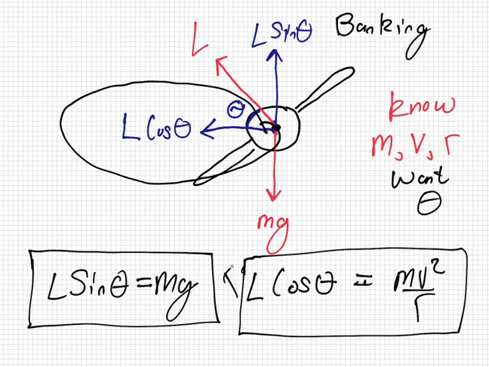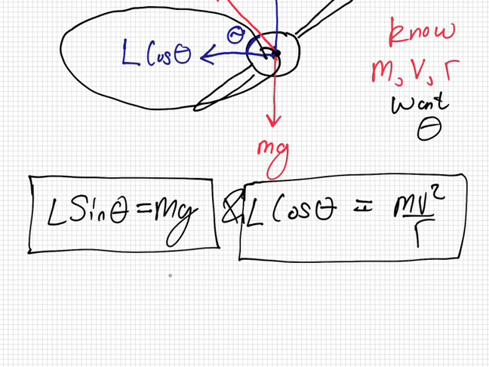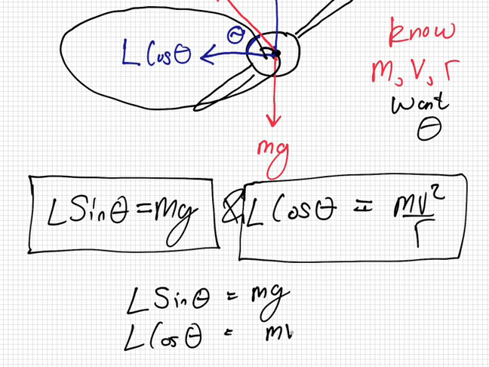So I need to put these together to get theta. I have L sine theta equals mg, and L cos theta equals mv squared over r.